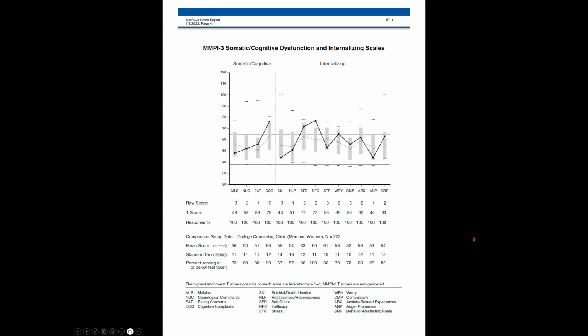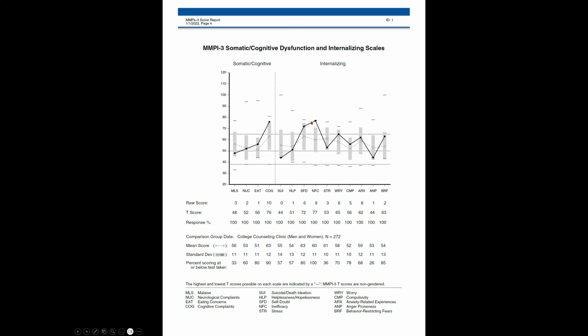As we go through the rest of her protocol, we can see that she has a clinically elevated score on cognitive complaints, and it's just outside the standard deviation bar. It's at the 90th percentile for a mental health outpatient. She reaches the ceiling. These hash marks represent the highest and lowest possible T-score on each scale.